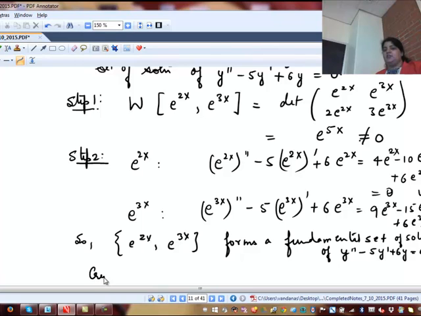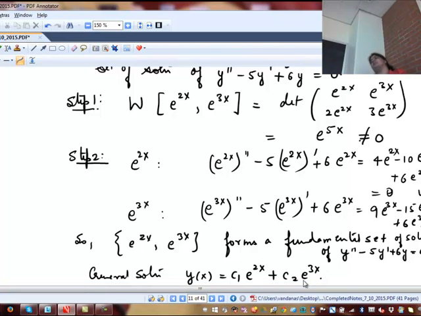That means the general solution will be c1 e to the 2x plus c2 e to the 3x. So all these will satisfy the differential equation.